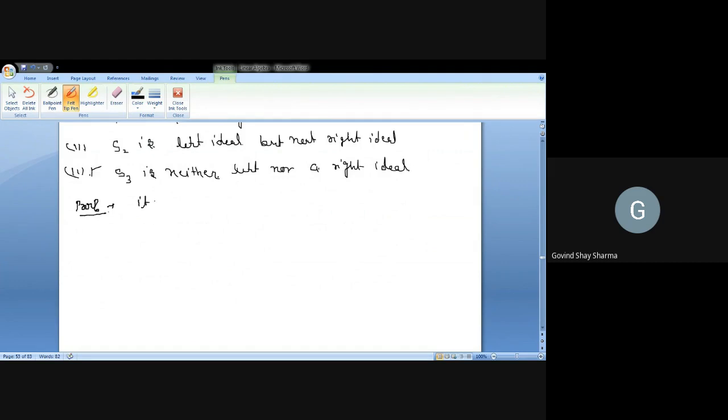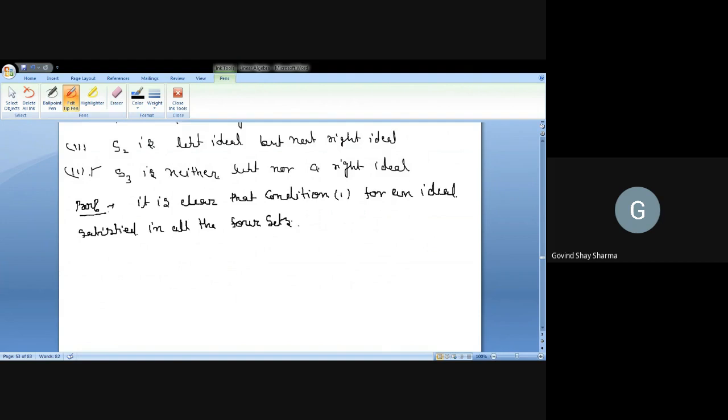It is clear that condition 1, that is a, b belong to S1, S2, S3, implies a minus b belongs to S1, S2, S3.